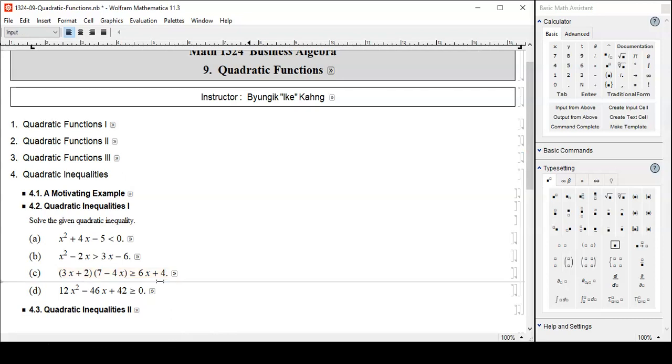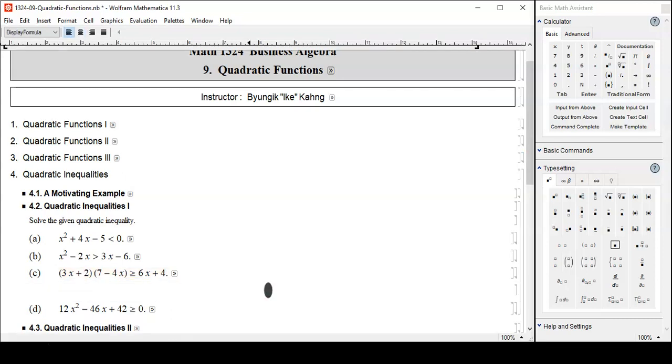Okay, so how does that work? Left hand side is going to be, let's FOIL it, first 21x, outside 12x squared, inside 14, last 8x, and that's greater than or equal to 6x plus 4. Did I do this right?